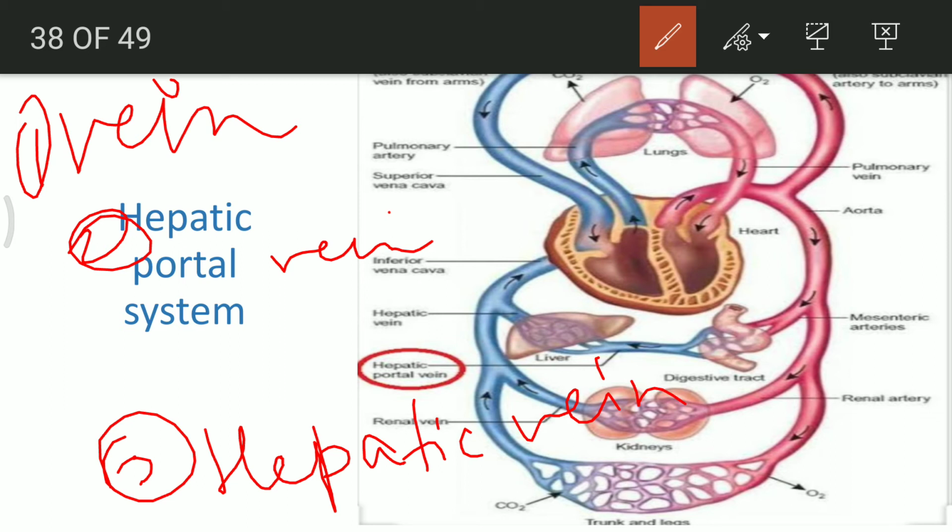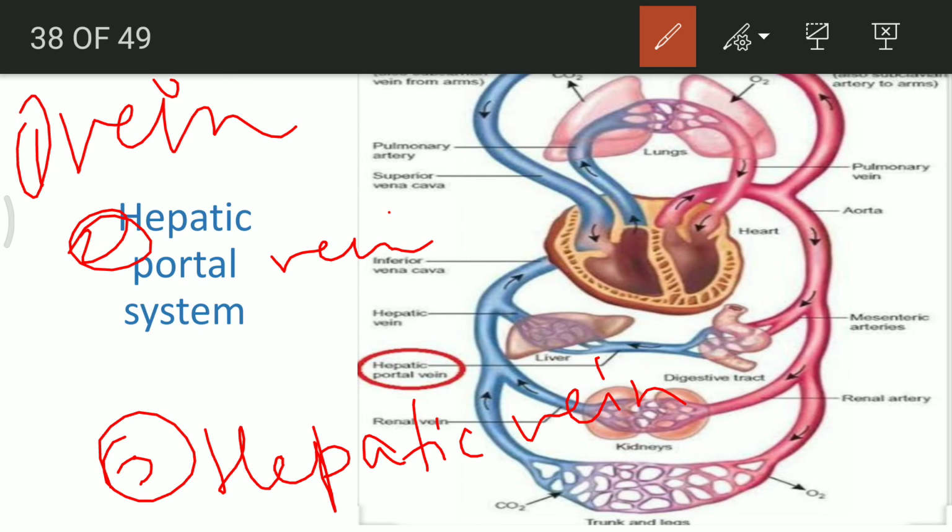Let us recapitulate. The first vein is the large vein. That large vein is important because it is carrying the already digested food products, which are collected in the villi while the exchange is taking place.